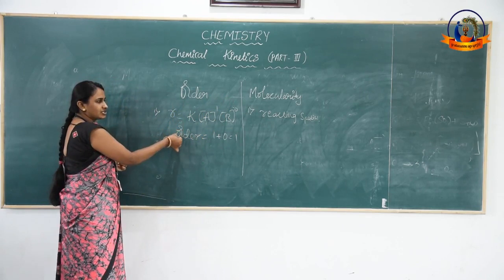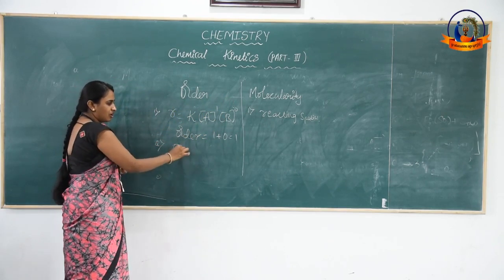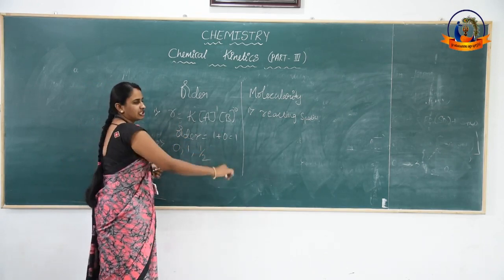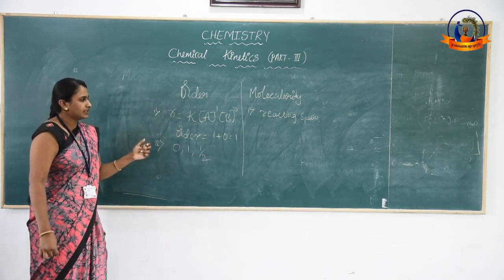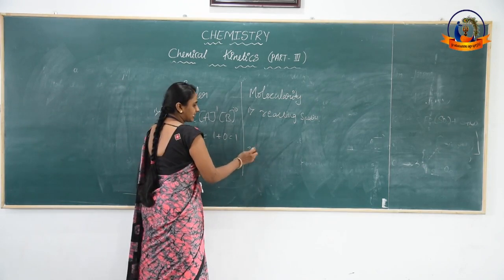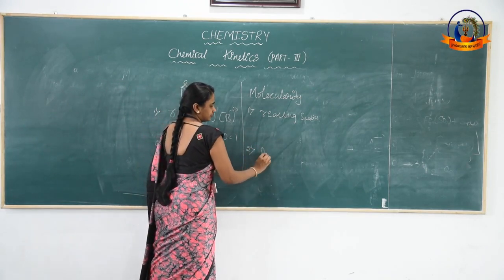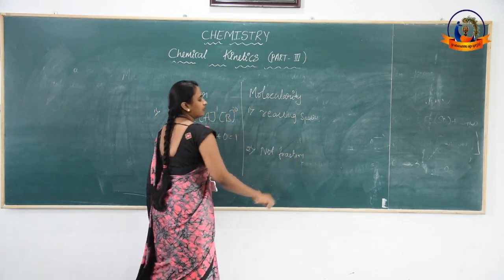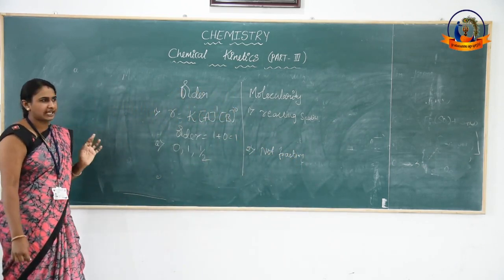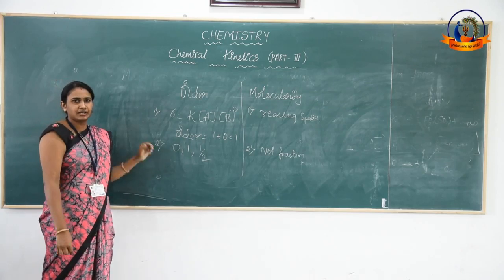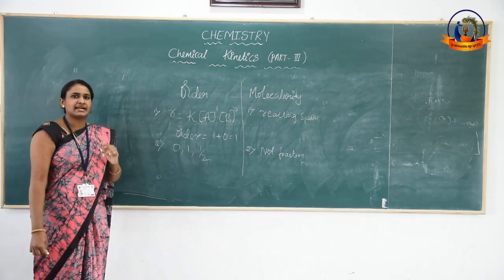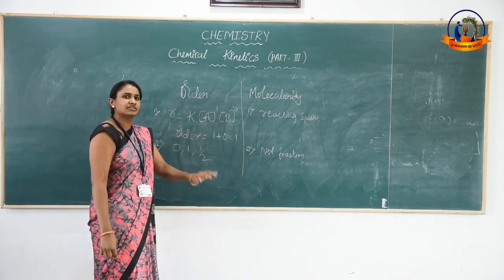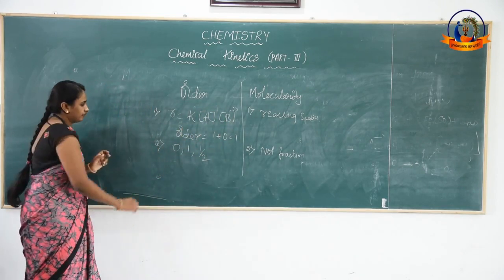Now, the second difference: your order can be 0, it can be a whole number, it can be a fraction. But molecularity can never be a fraction. This is the second difference. The third difference: order can be both a theoretical quantity as well as an experimental quantity, but molecularity is only a theoretical quantity.